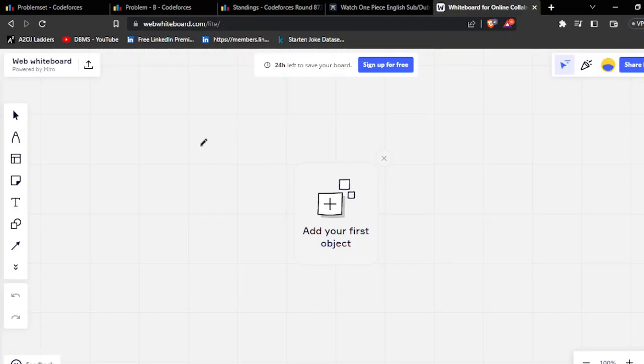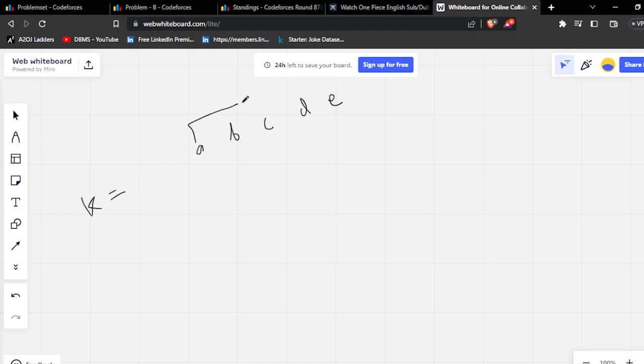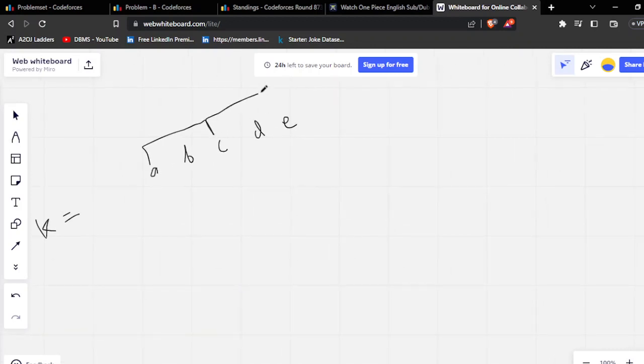Let's take five numbers a, b, c, d and e. If I take k equal to 2, I can only swap these numbers and these numbers.